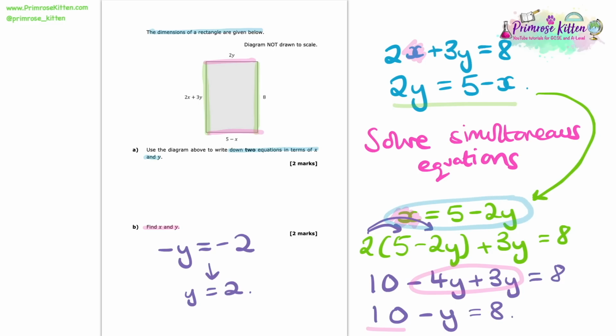Remember, we said over here that x was equal to 5 minus 2y. So x equals 5 minus 2 times 2, and that just gives us x is equal to 1. So now I have found both the x and the y values, and I have answered part B.